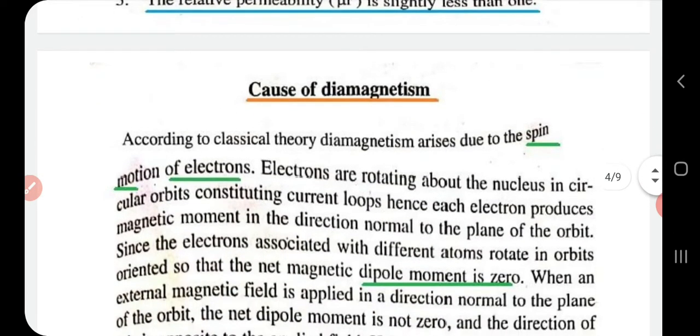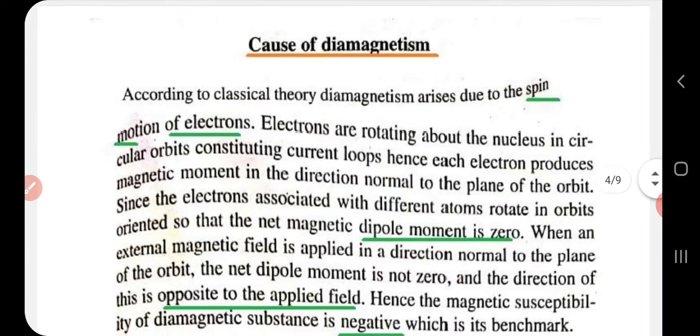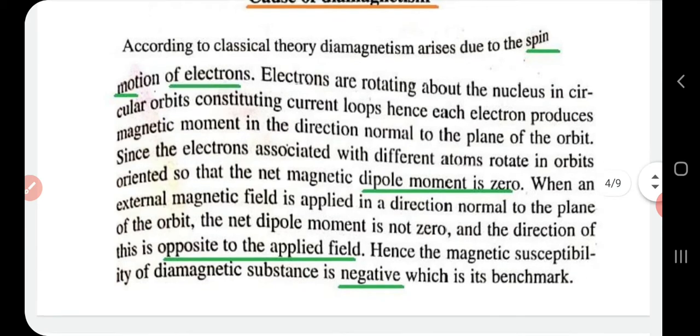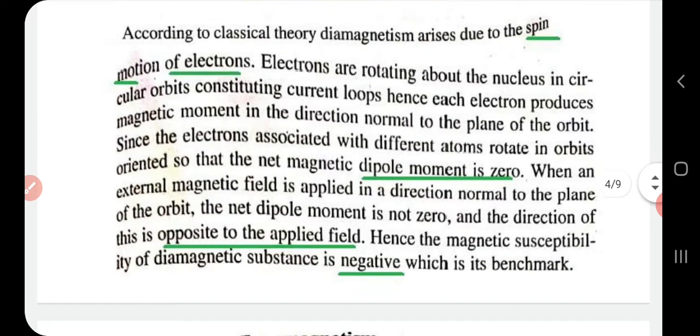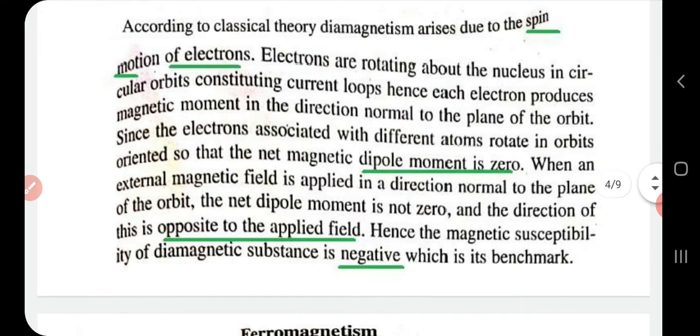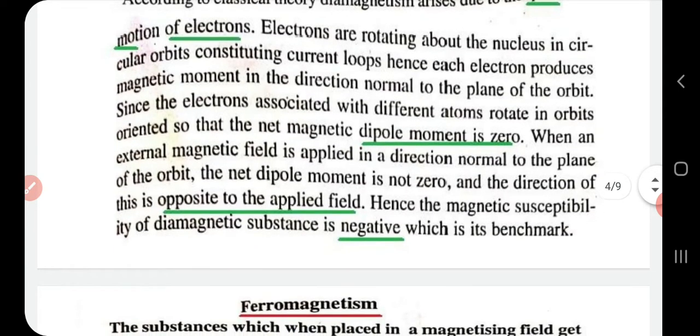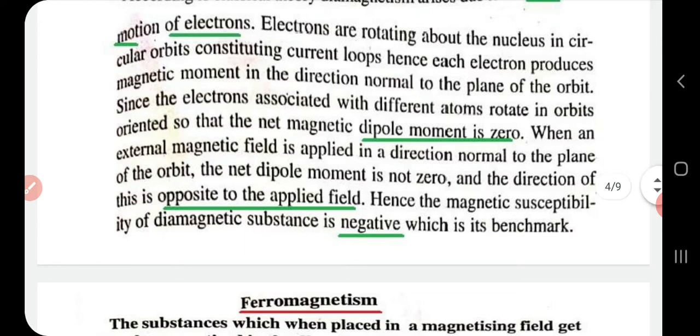Now what is the cause of diamagnetism? The main cause is the orbital motion of electrons. We know electrons are charged particles that revolve around the nucleus, and since they are revolving charged particles, it can be considered as a current, and each of these electrons will possess a magnetic moment. The atom will have several such electrons, each with a magnetic moment, but the net magnetic dipole moment will be 0.